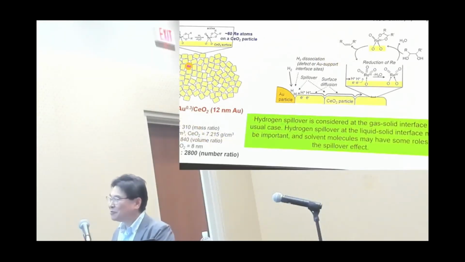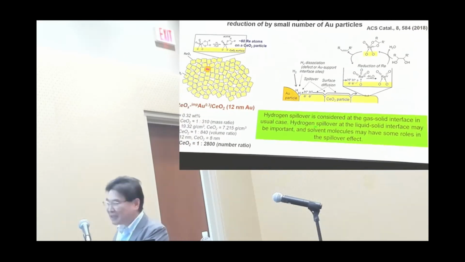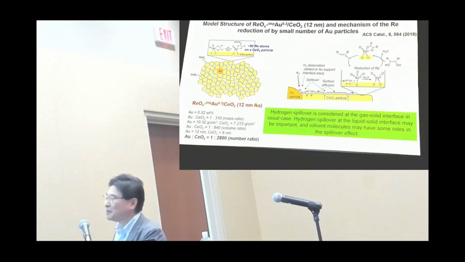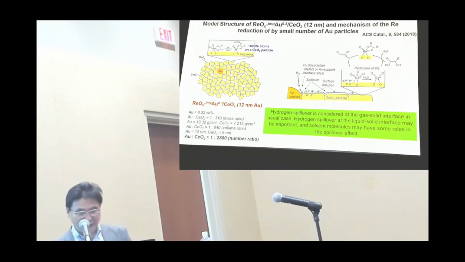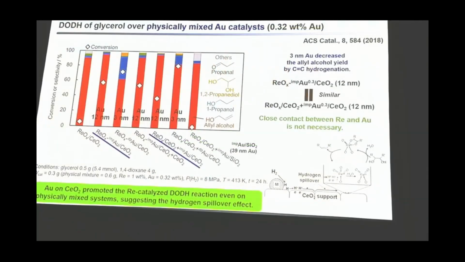Generally speaking, hydrogen spillover is considered at a gas-solid interface in the usual case. But in our case, for hydrogen spillover, the liquid-solid interface may be important, and solvent molecules may have some roles in the spillover effect. In order to investigate the effect of hydrogen spillover, we use physically mixed catalysts.